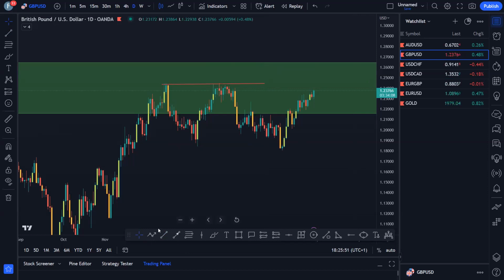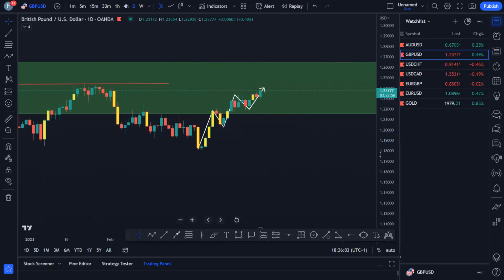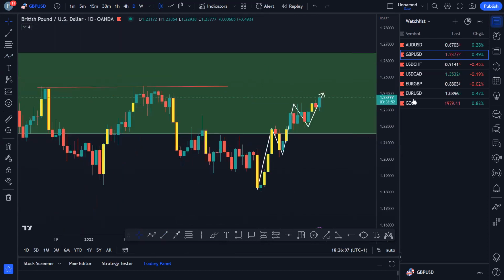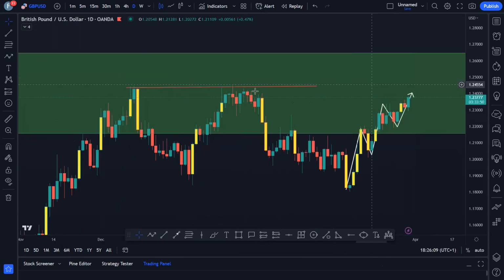We can see a bullish momentum right here on the daily time frame, like so. Price currently creating higher highs. Now, what we must also realize is that a lot of retail traders this week or next week are going to be trying their best to sell at this point.